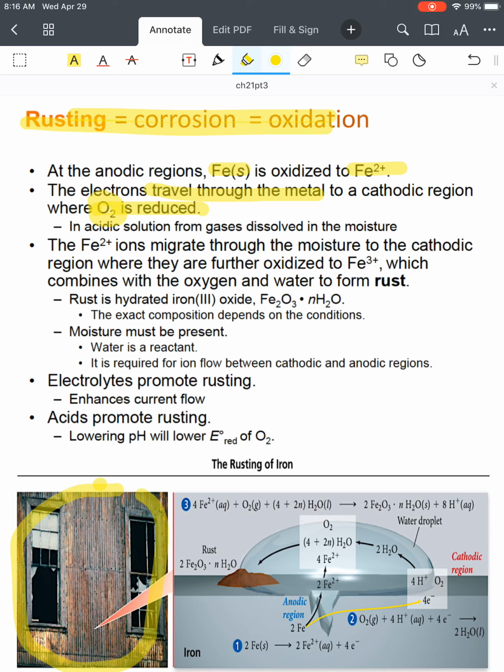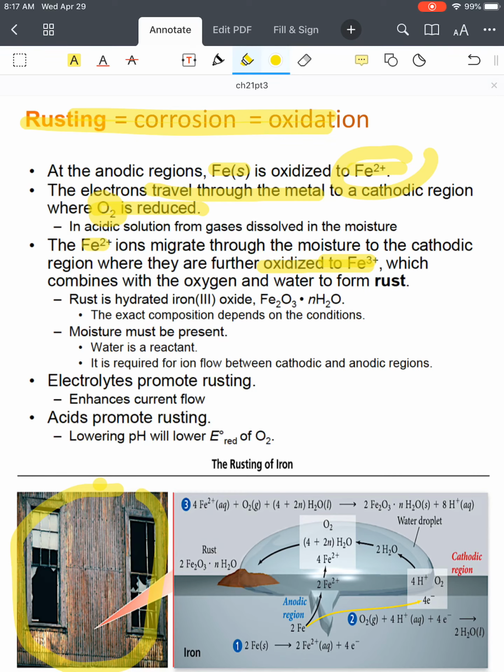Now, in a subsequent step for rust formation, after these iron 2 plus ions are formed, they can further be oxidized to iron 3 plus. So it turns out the aqueous iron ion can have multiple different oxidation states. One is iron 2, another one is iron 3. So we can actually further oxidize it to iron 3 in the oxygen-rich environment.